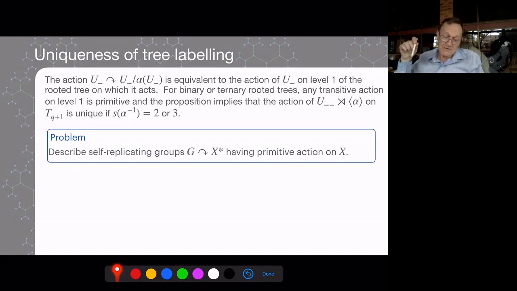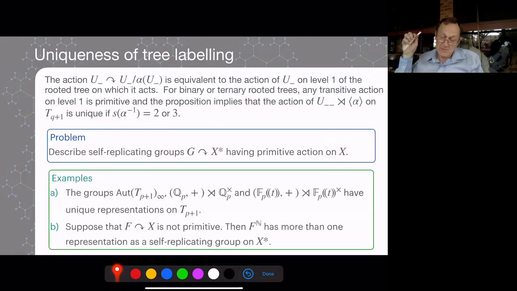It's not true, however, that self-replicating groups have to have a primitive action on the set of symbols. So if X is a set of symbols, they correspond to the vertices on level 1 of the rooted tree, and our self-replicating group has to be primitive on that level 1, so equivalently primitive on the set of symbols that are used to define the tree.